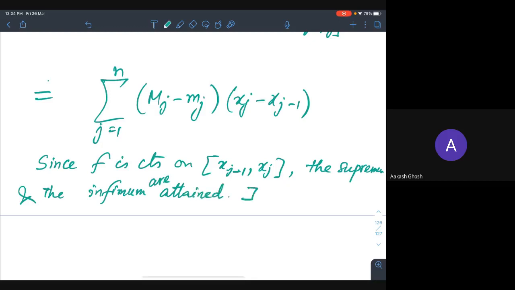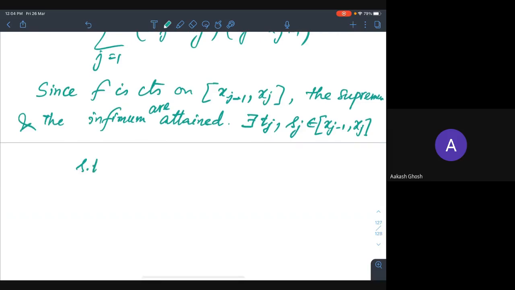That means there exist t_j and s_j in [x_{j-1}, x_j] such that M_j is f(t_j) and small m_j is f(s_j).